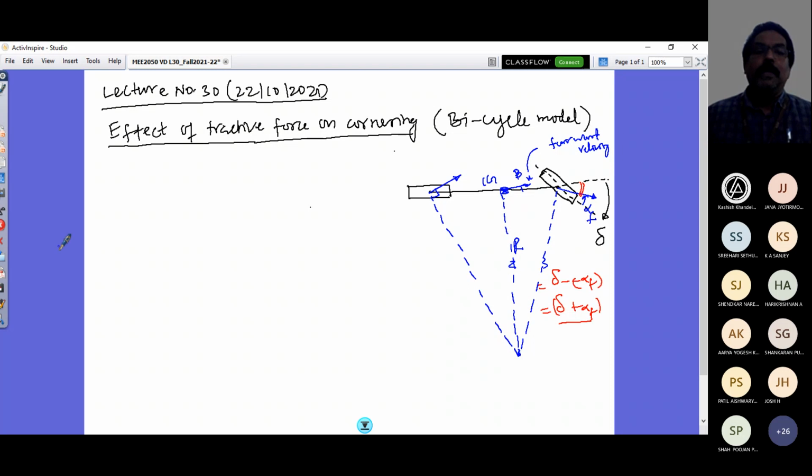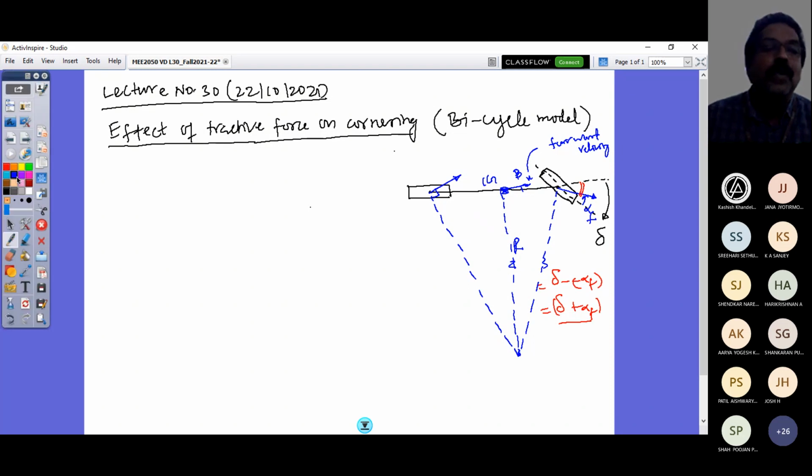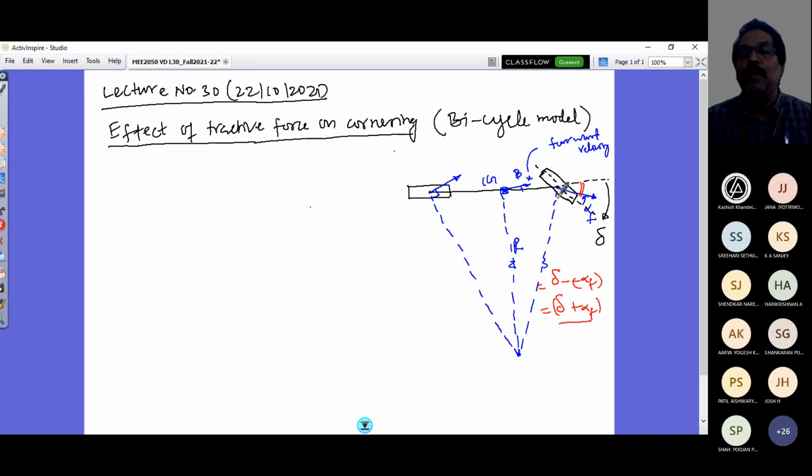So now let me show the forces in this. What are the forces? Already we know that the force would be acting in the lateral direction, that is along this line, because this is the line about which it turns. So you would have here this force F Y F, right?